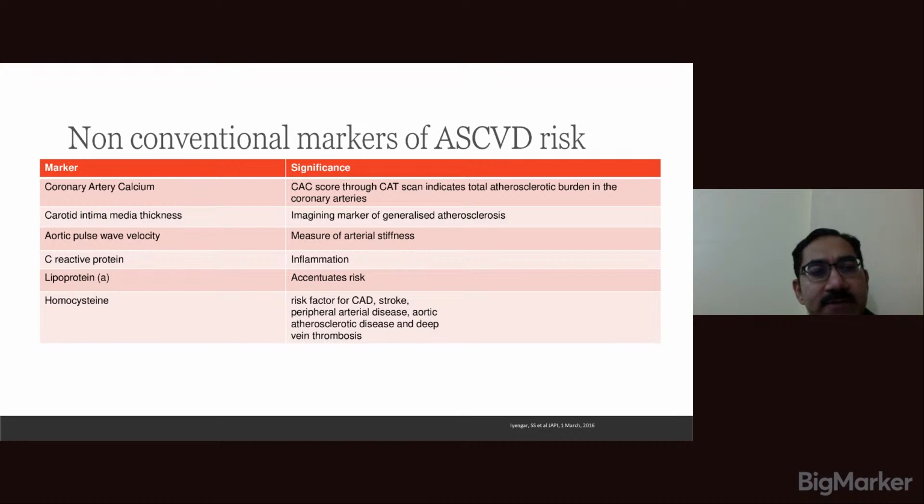Aortic pulse wave velocity to measure the stiffness of the arterial wall. The level of C-reactive protein, which is a marker of inflammation. Levels of lipoprotein A, which accentuates the risk of cardiovascular events, and the level of homocysteine, which is also a risk factor for CAD, stroke, peripheral artery disease, aortic atherosclerotic disease, and deep venous thrombosis.